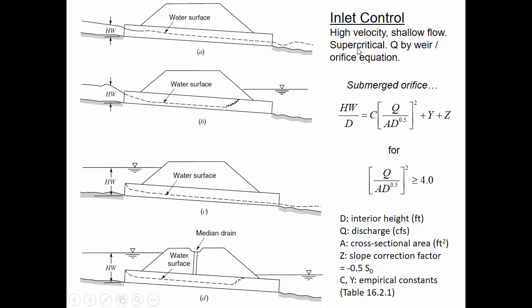Now, some of you haven't had hydraulic engineering yet, and so you don't know the difference between supercritical and subcritical flow, but for today's purposes, just assume that the water is moving quickly through the culvert when you have inlet control. So it's characterized with high velocity of water, both in the natural channel and in the culvert.